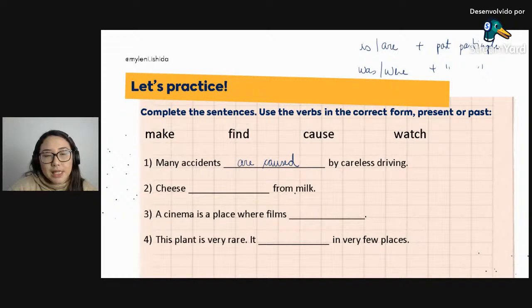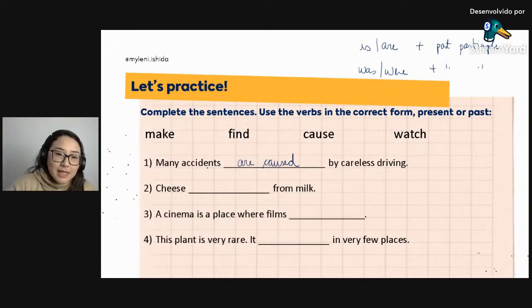If you want to say this is a fact in life, this is a reality, so it happens all the time, you use the present, okay? If you want to say this is a thing from the past, you use the past. So grammatically speaking, both are possible. It will depend on the emphasis you want to give to the sentence, okay? So here it can be are or were, okay? But I'm going to use are here because it's a reality. Careless driving means "direção sem cuidado", okay?